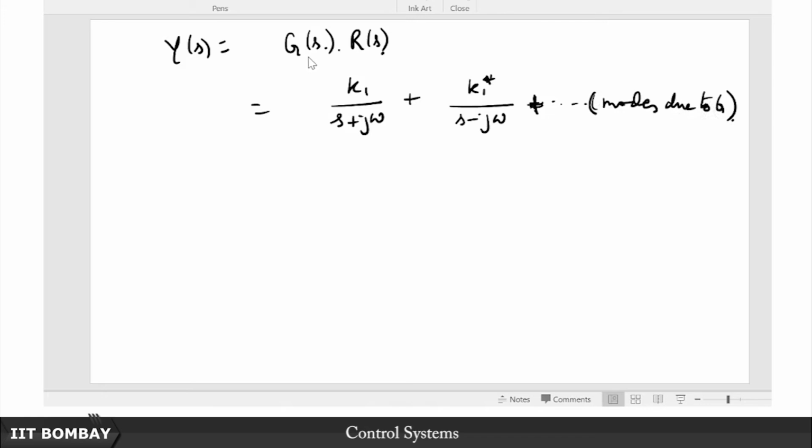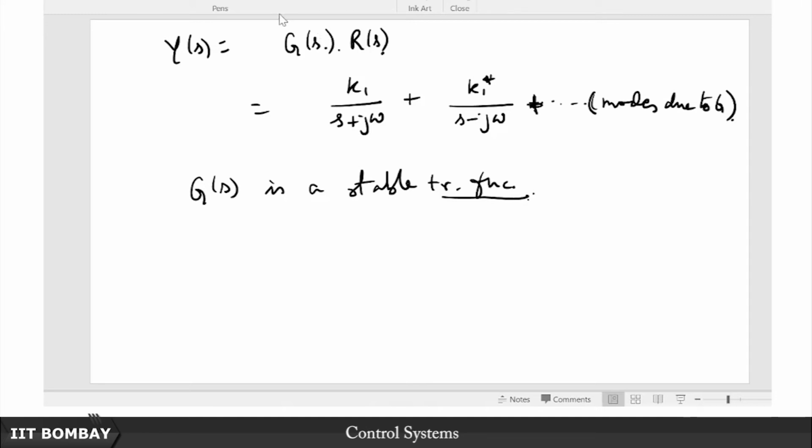So they might be signals of different frequency, but remember, here's one crucial assumption we make. We say that g of s is a stable transfer function. So what does that mean? What it means is that none of the poles of g are on the closed right half plane, all of them are in the open left half plane. So there isn't even an imaginary pole.